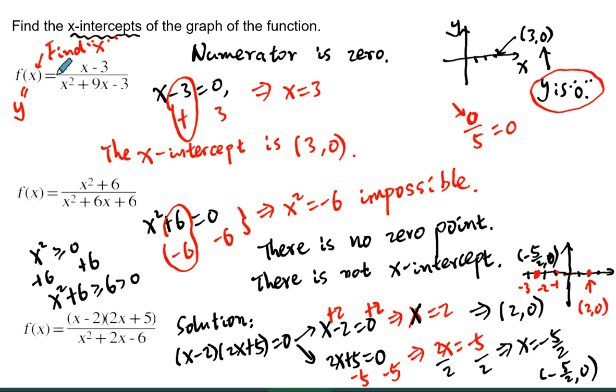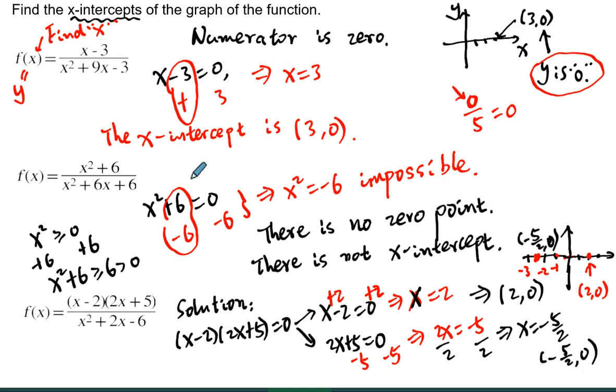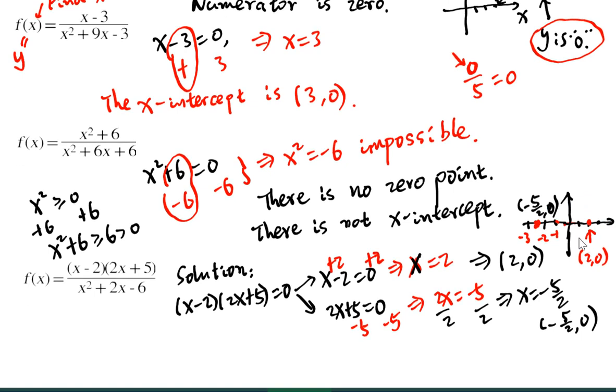So the graph of this one will pass through 3, 0. The graph of this one will never touch the x-axis. For any values x you put there in the function, you never get y is 0. Okay, so the graph will never touch the x-axis.